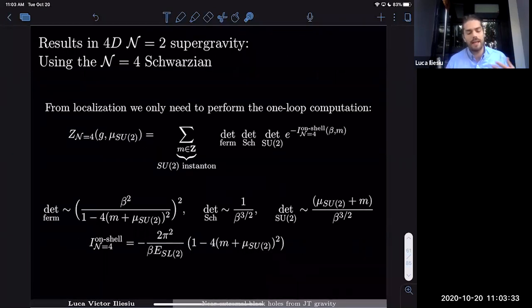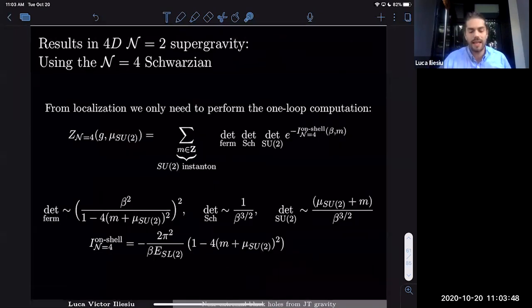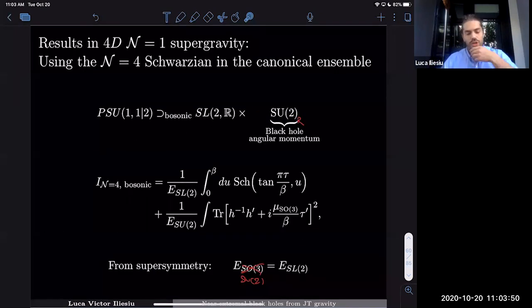So the schematic result obtained from localization is that I can take the on-shell solution just for the bosonic components, because I know that the on-shell solution for the fermionic components is just that all fermionic components are turned off. Now, the possible on-shell solutions are labeled by an integer, n, that you could think of as counting SU(2) instantons in the 2D bulk.